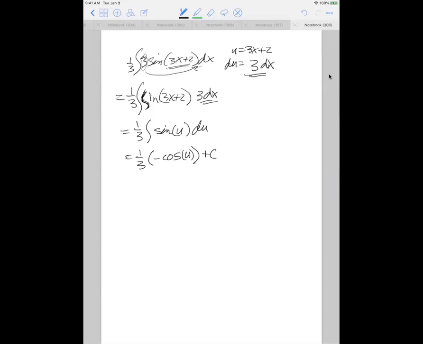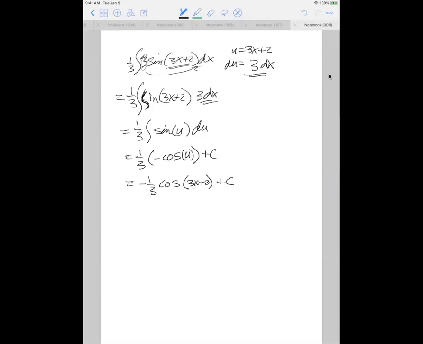So we end up with the minus sign, and then I'm going to resubstitute in the u. So I've got a minus 1/3 cos u plus c. And stop and think, if I took the derivative of this right now, look what I would get. The derivative of cos is negative sine. The negative would cancel, and I'd get sine.